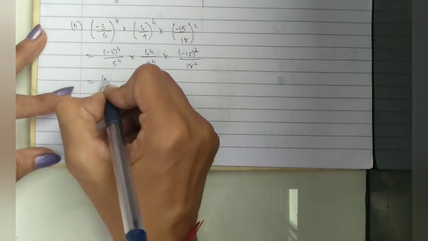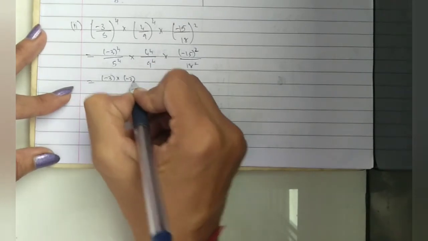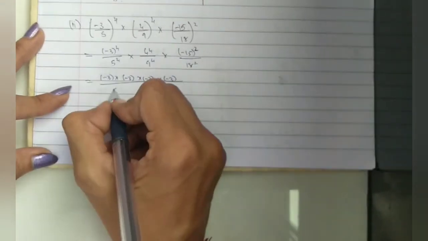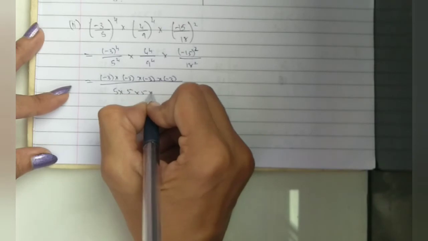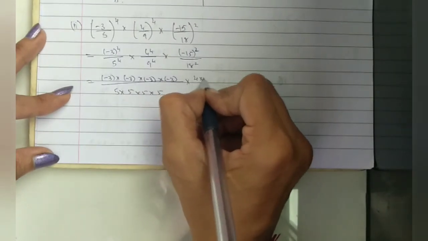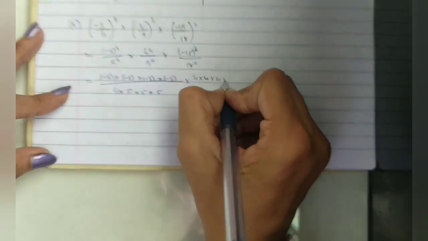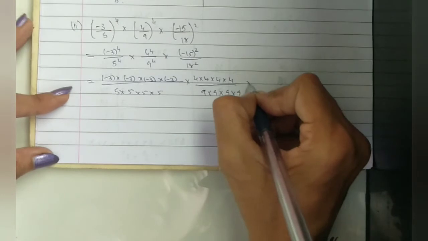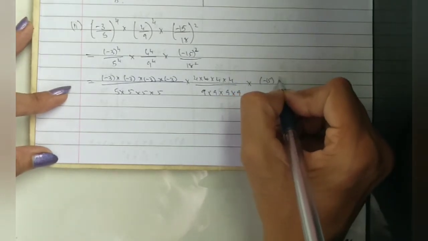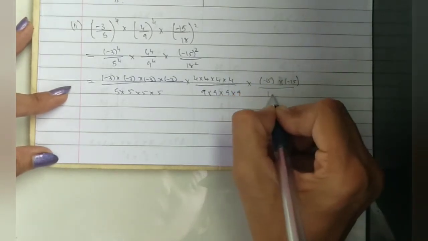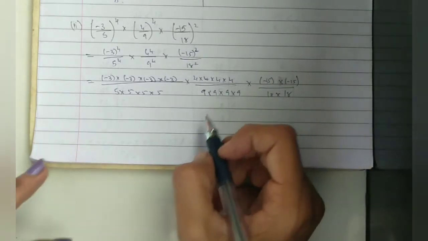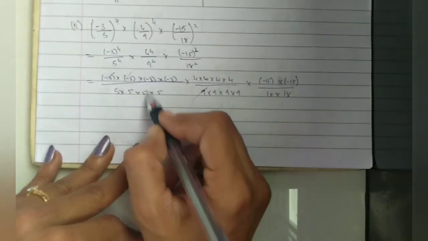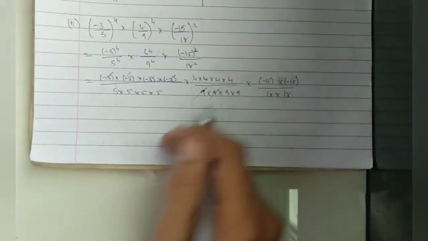So equal to minus 3 into minus 3 into minus 3 into minus 3 upon 5 into 5 into 5 into 5 multiply by 4 into 4 into 4 into 4 upon 9 into 9 into 9 into 9 multiply by minus 15 into minus 15 upon 18 into 18. Now whichever cancel, we can cancel it. Okay, 3 3 3 3s are 9, cancel. 3 3, this is also cancel.